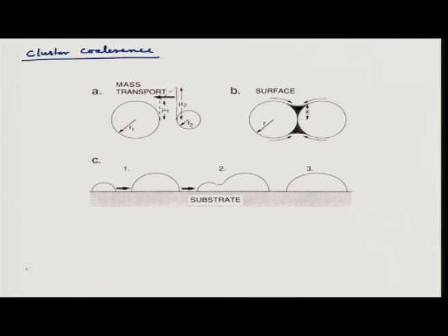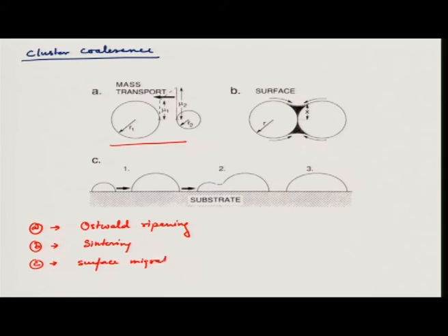These processes are: A, Ostwald ripening; B, sintering; and C, surface migration of small clusters. In Ostwald ripening, the larger nuclei grow at the expense of smaller nuclei.